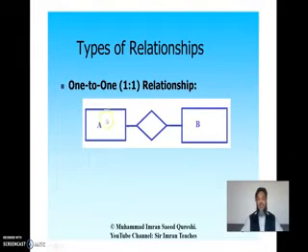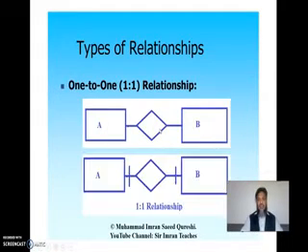If you tell me that for one A we have maximum only one record of B, I'll put 1 over here. And when I ask how many A's, when I put my finger on one record of B, if I get maximum 1 A, that would be a one-to-one relationship. Let me show it with the help of another diagram.